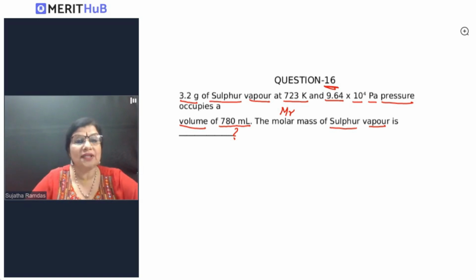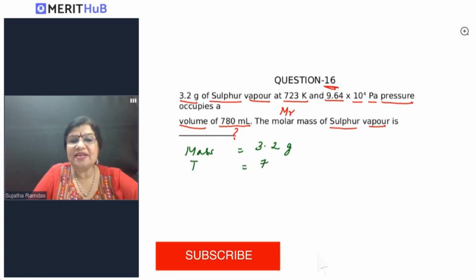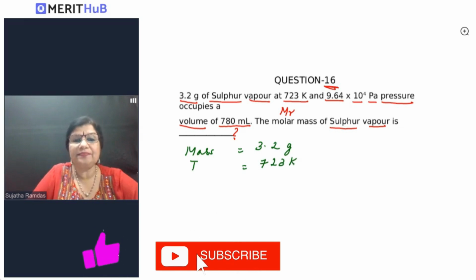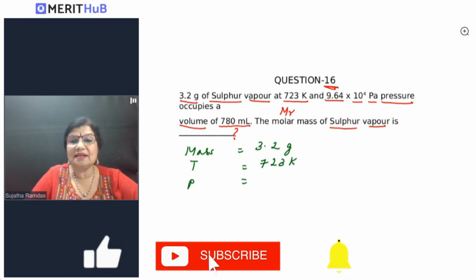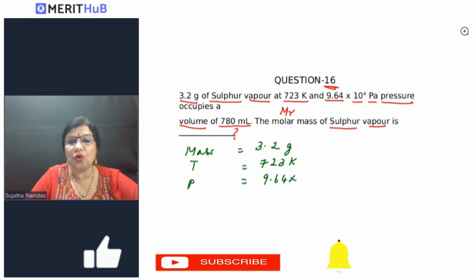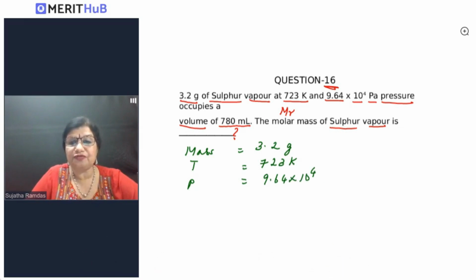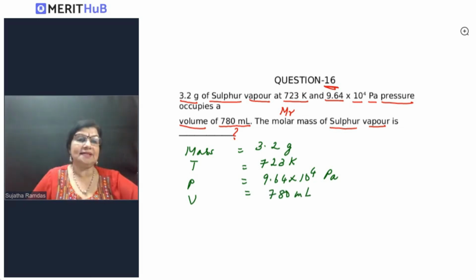Let's compile all the data provided. You've been provided with the mass of sulfur vapor, which is 3.2 grams. Temperature is 723 Kelvin. Pressure in Pascal is 9.64 into 10 to the power of 4, and volume is found to be 780 milliliters.